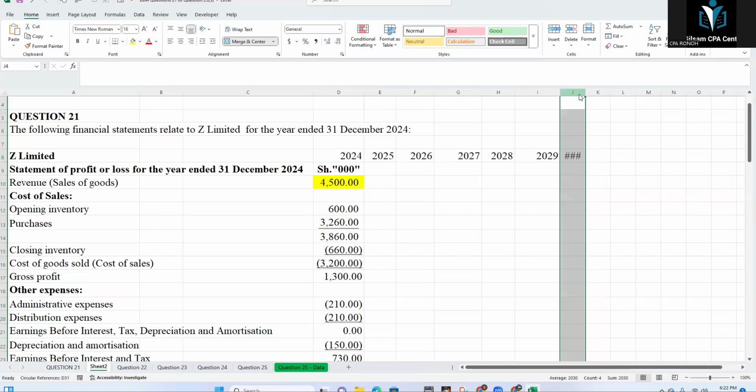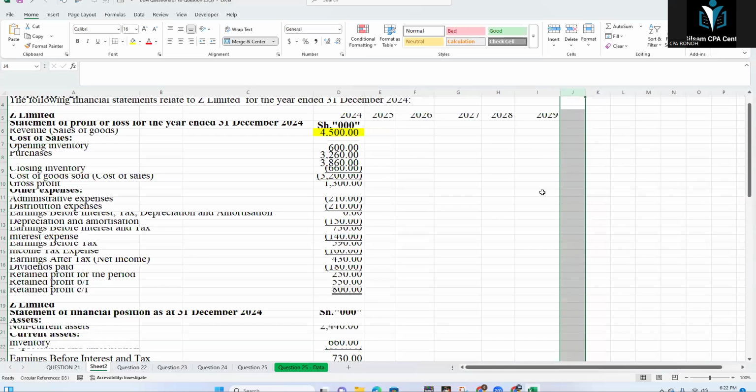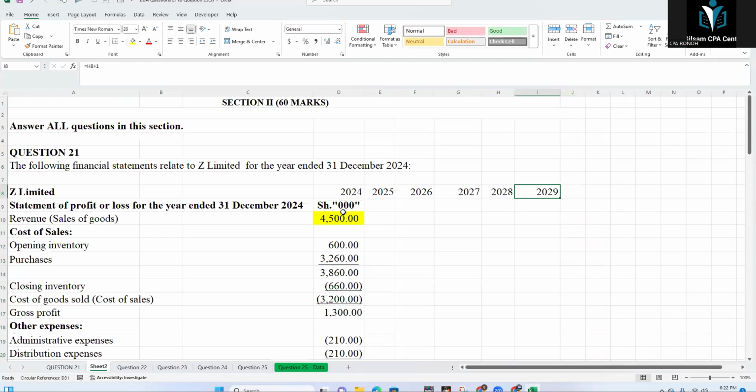We only need up to that point. So here, just write forecast. That is our forecast. Thereafter, we can copy this again so that we can have the same format.